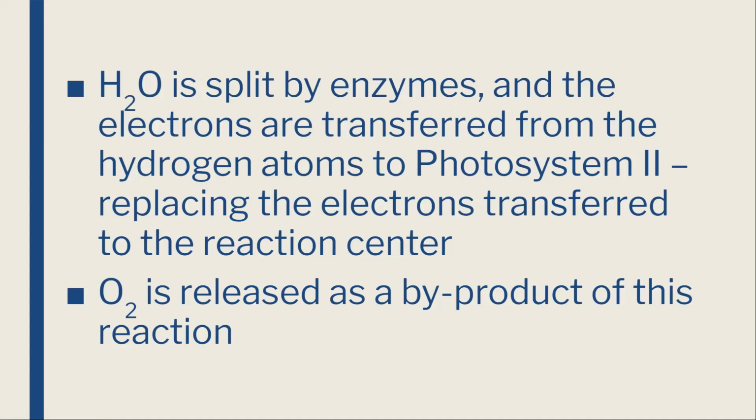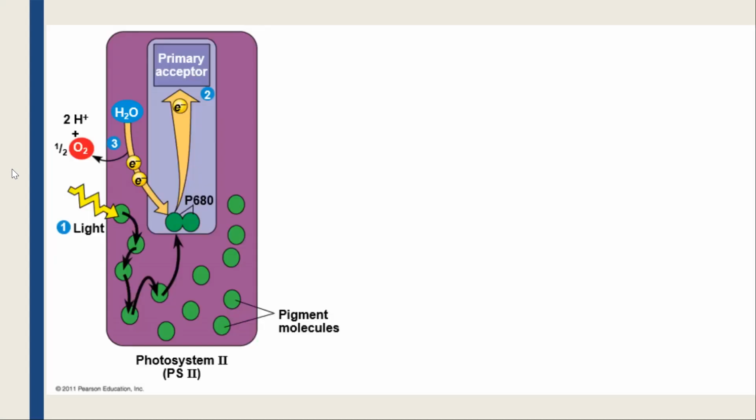The split water is going to then release oxygen as a byproduct, but the hydrogens get split and the electrons go to replace the electron that went down the electron transport chain to the primary acceptor. And then the hydrogen ions will be used to generate a hydrogen ion gradient. And we'll see that a little bit later. But the purpose of the splitting of the water is to replace the electrons that get excited and go down an electron transport chain.